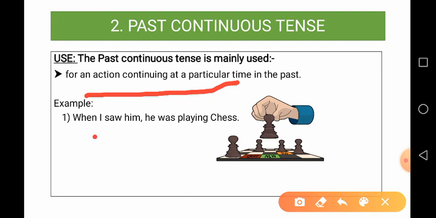When I saw him, means at the time, at a particular time, he was playing chess. So you can see past continuous tense in the sentence he was playing chess. Was playing means his action was continue.